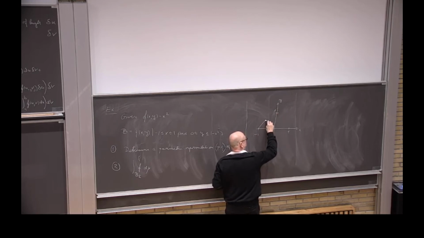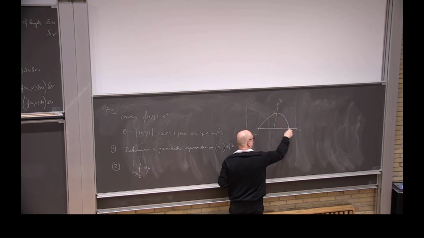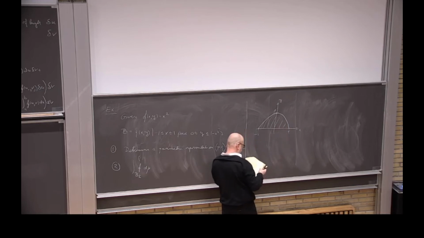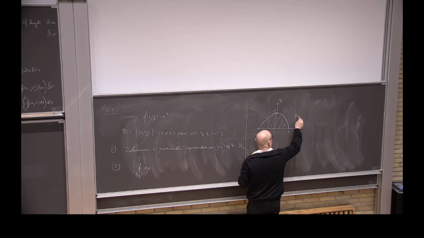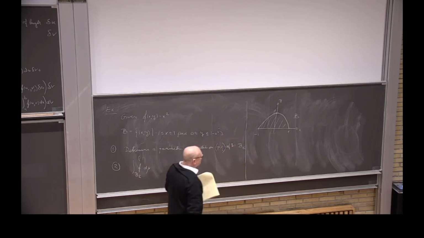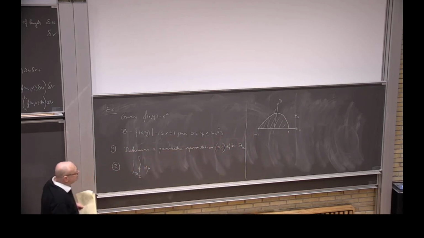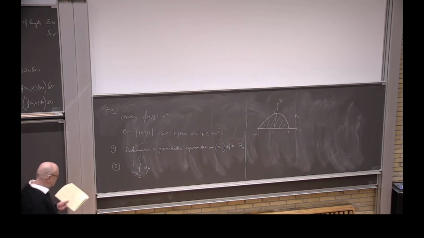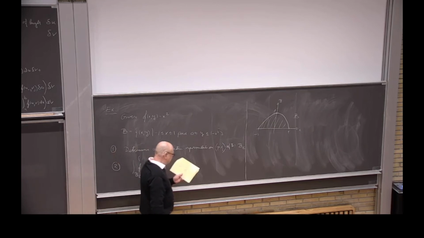So it looks something like this. So this is the area, this is B. I'm going to find the mass of this area here.